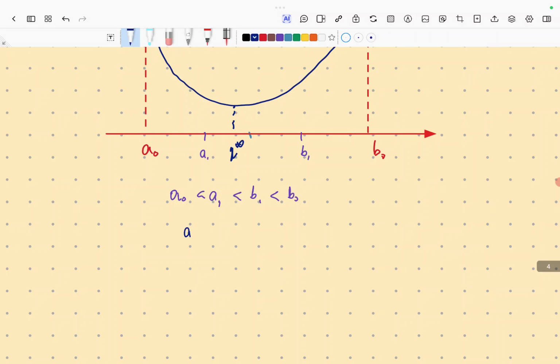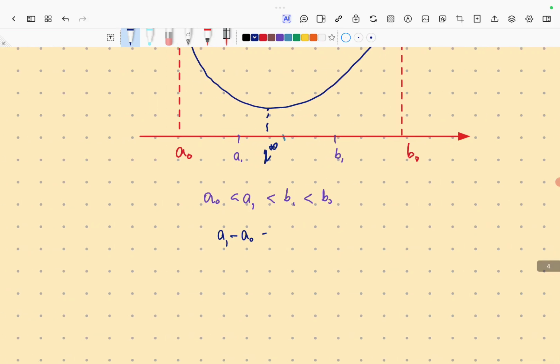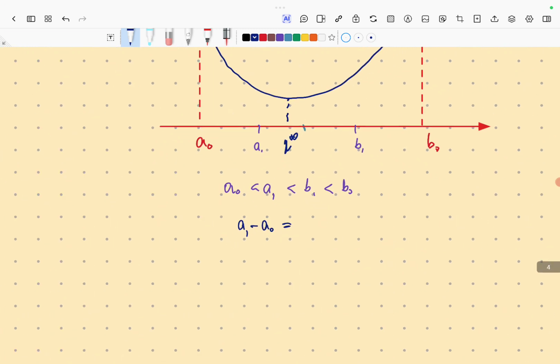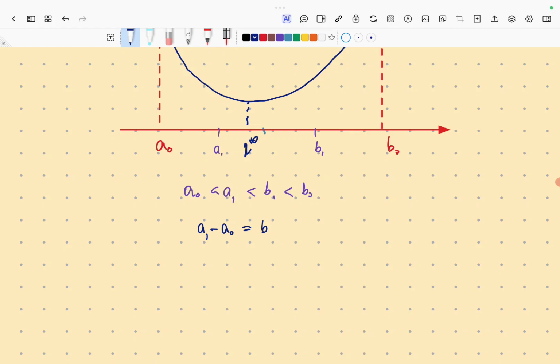I can just assume that the reduction is symmetric on both sides. So a1 minus a0 is equal to b0 minus b1. The length of this interval is the same as the length of this interval, and this is some rho times b0 minus a0.